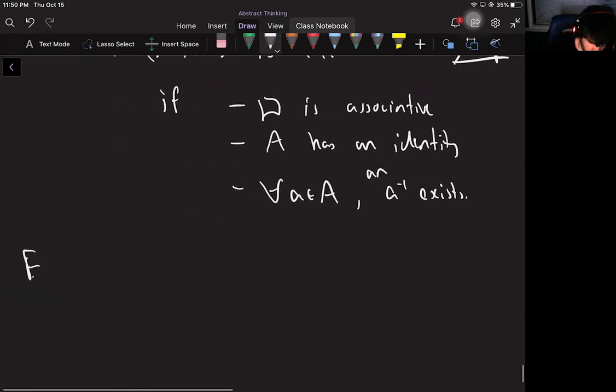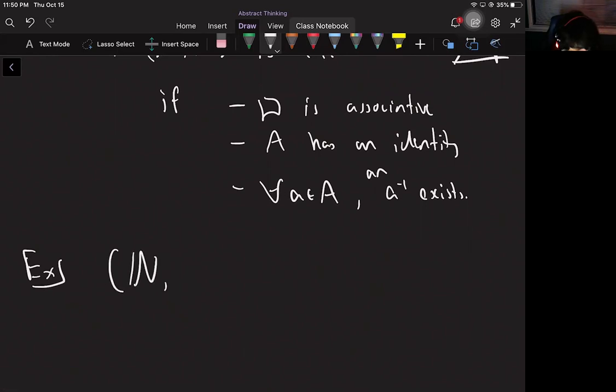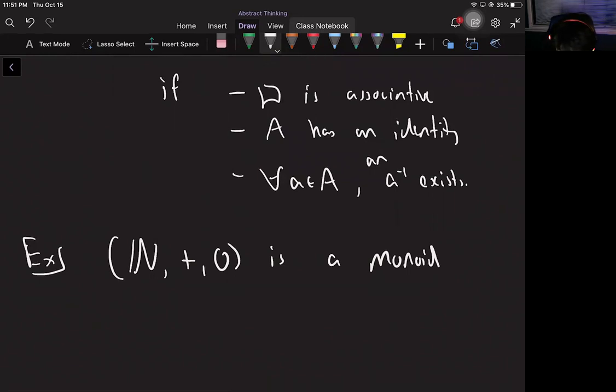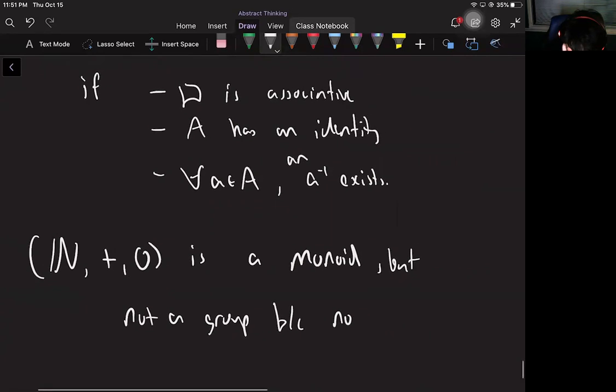For us, we're not going to get that deep into that, so we're just going to say some examples as part of the summary. So the natural numbers with addition with 0 is a monoid because addition is associative and anything plus 0 doesn't change it. But it's not a group because there's no negatives in the natural numbers.